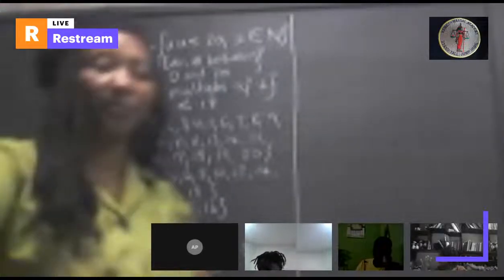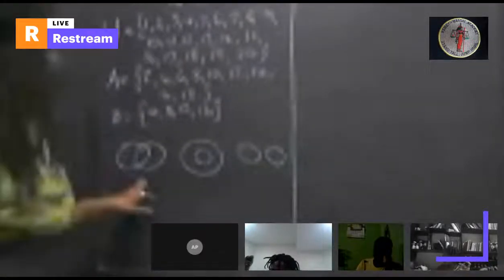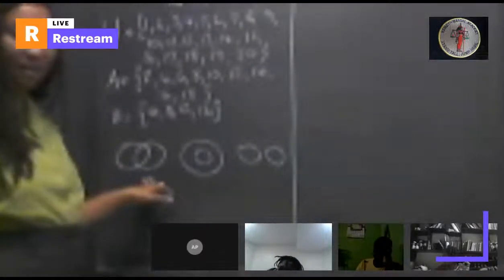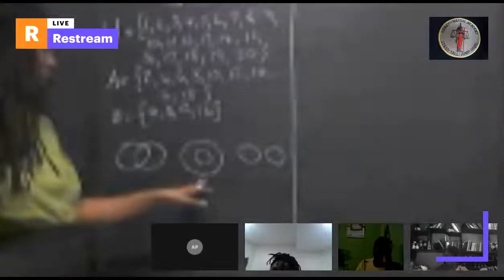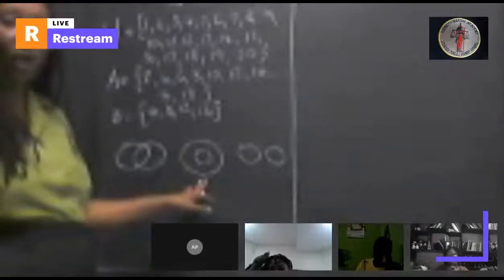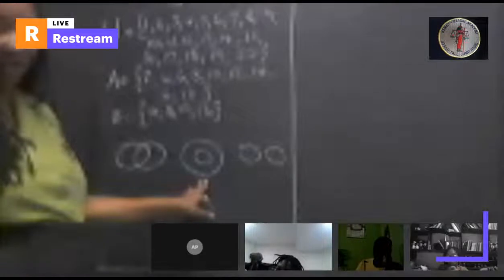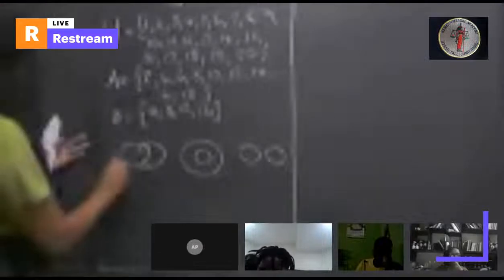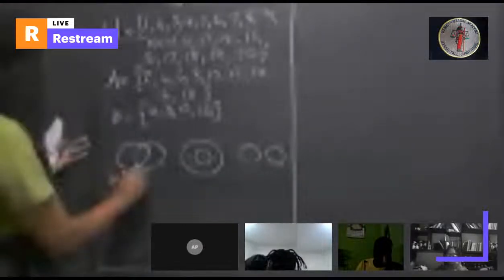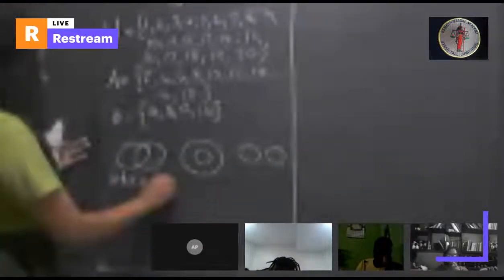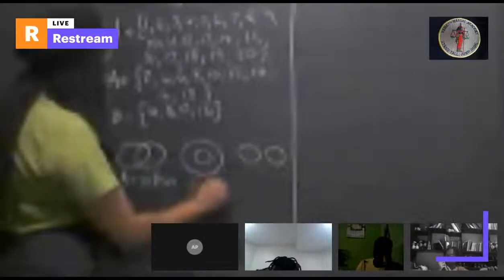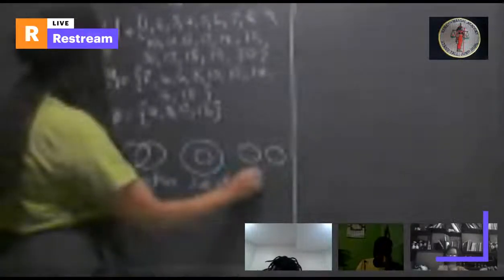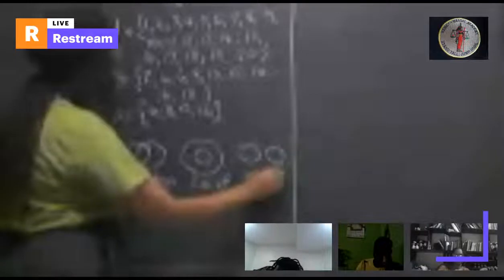Are they going to intersect this way or this way, where one is a subset of the other, or this way where they are disjoint? So here we have the regular intersection. Here we have a special intersection called a subset. And here we have disjoint sets that do not intersect.